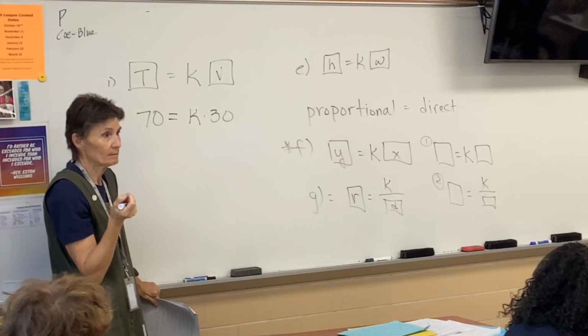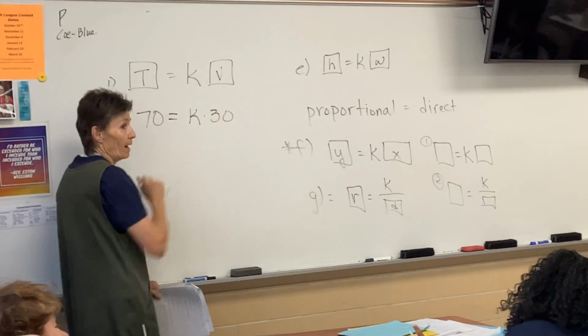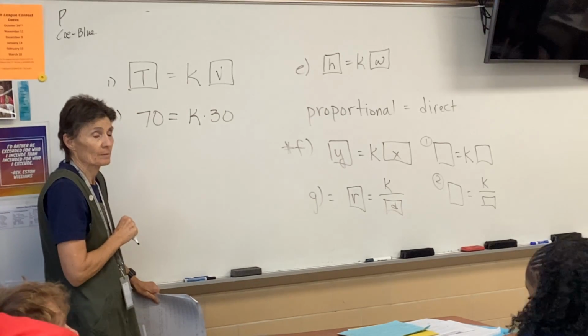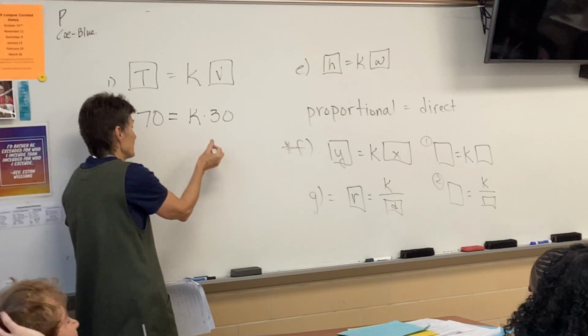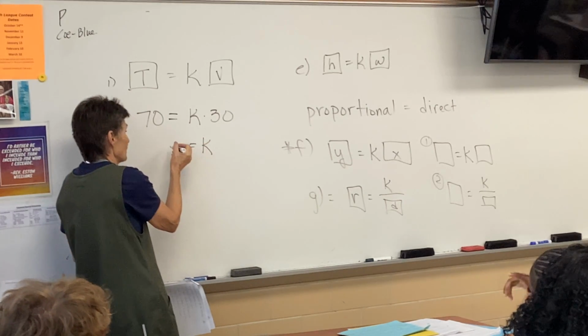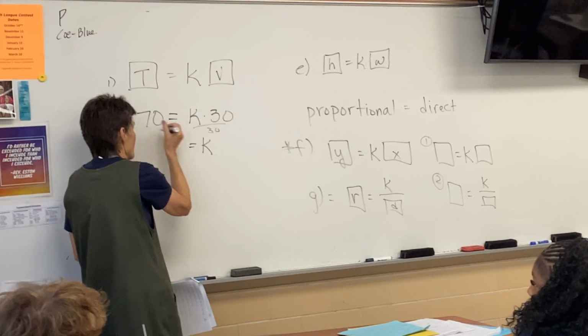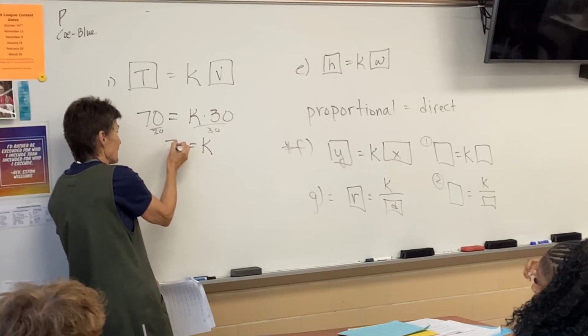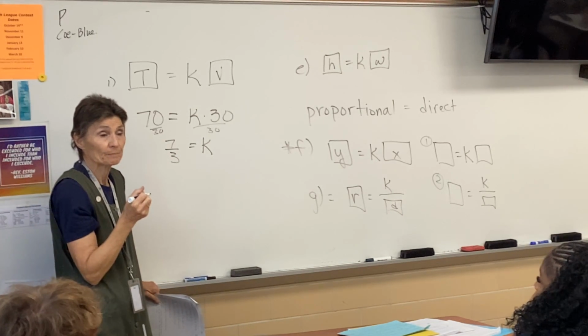I just plugged in the numbers they gave me for my T and my V. Now, can I solve that equation? What does that tell me? K equals what? I'm dividing. Doesn't K equal 7/3? 70 over 30?